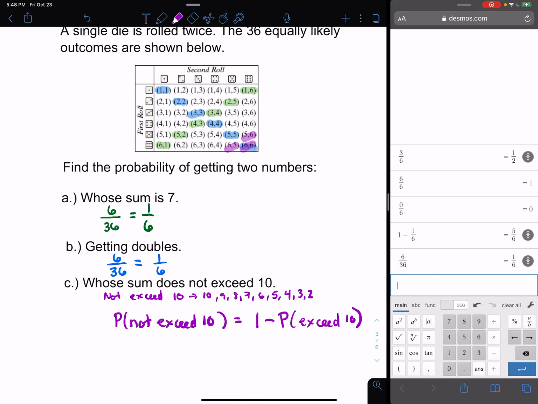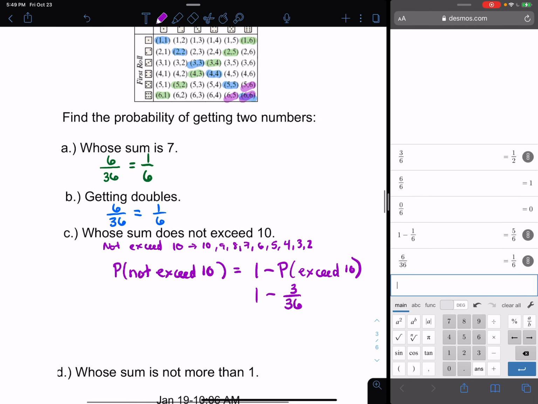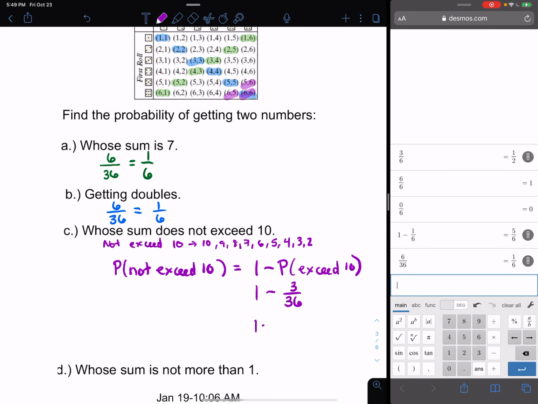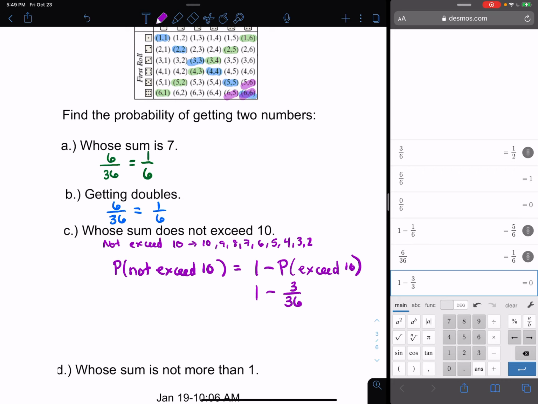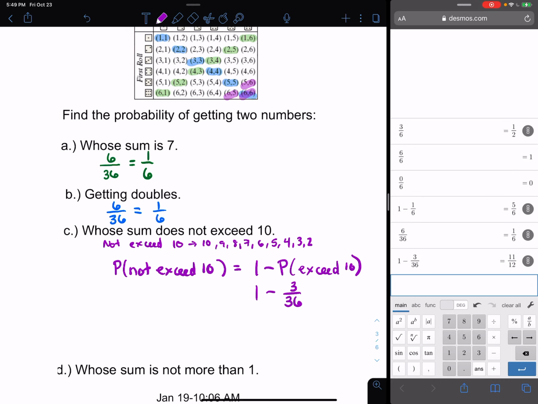Everything else gives me either 10 or lower. So there are 3 things that exceed 10 out of those 36 total different things. I need to type it in the calculator: 1 minus 3/36 is going to give me 11/12.